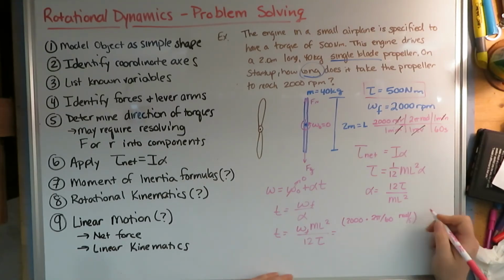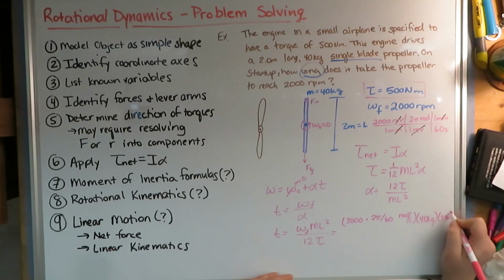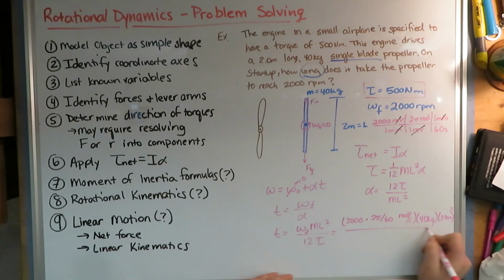The mass is 40 kilograms. The length is 2 meters, and that's squared. And you divide by 12 times 500 Newton meters.